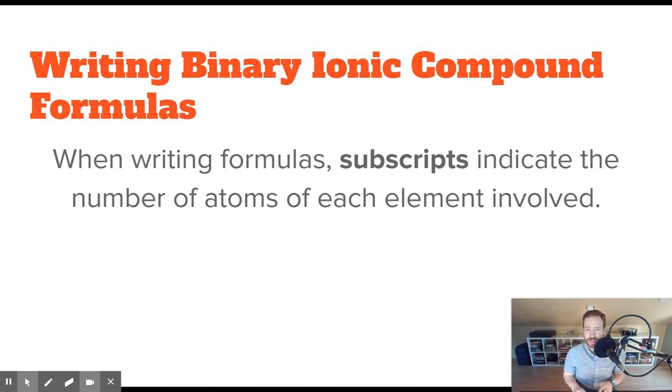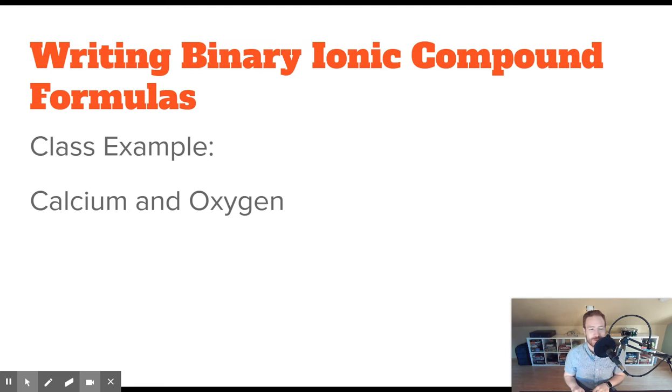I think this will make more sense if I just show you. First of all, I'm just going to give you an example, and then I'm going to explain how you would do something like this. Calcium and oxygen form the binary ionic compound called calcium oxide.